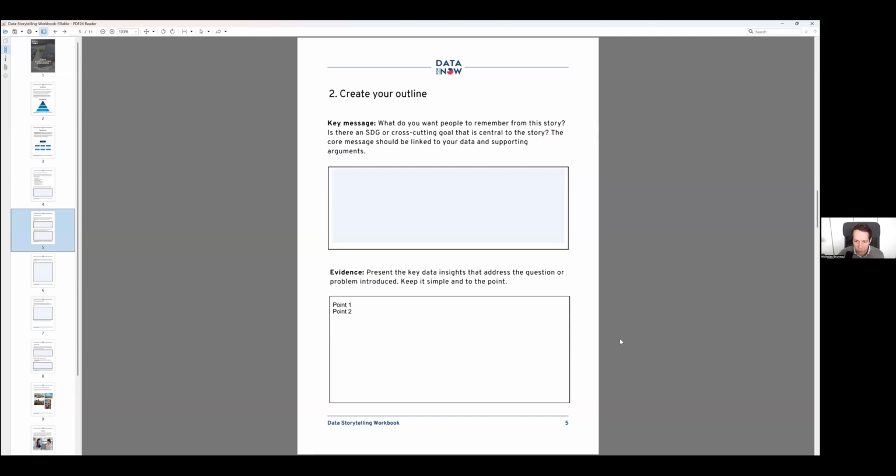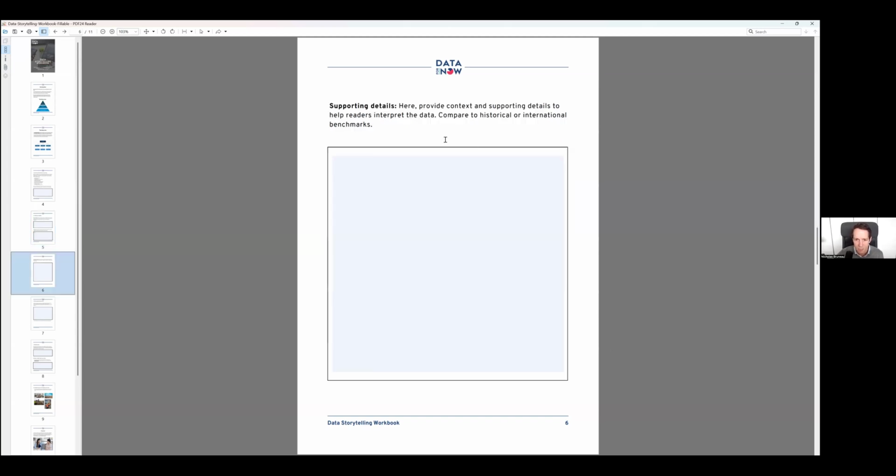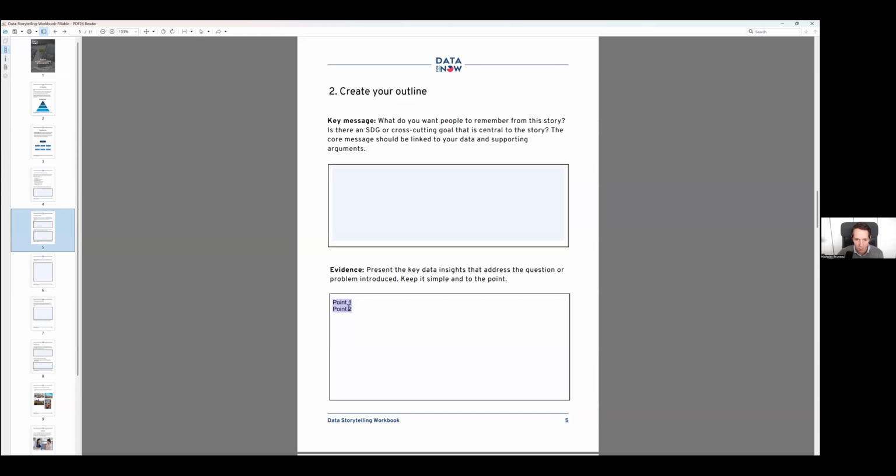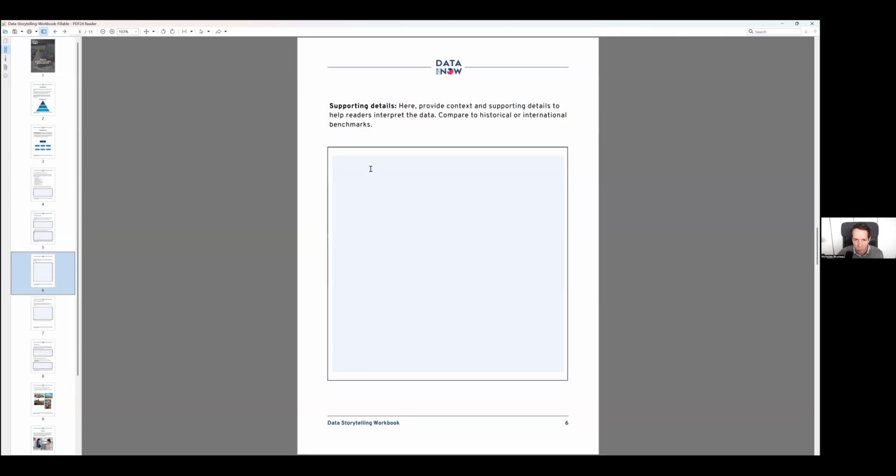And then you can also give supporting details, so more supporting details on those points. This is just going to be bullet points, for example.